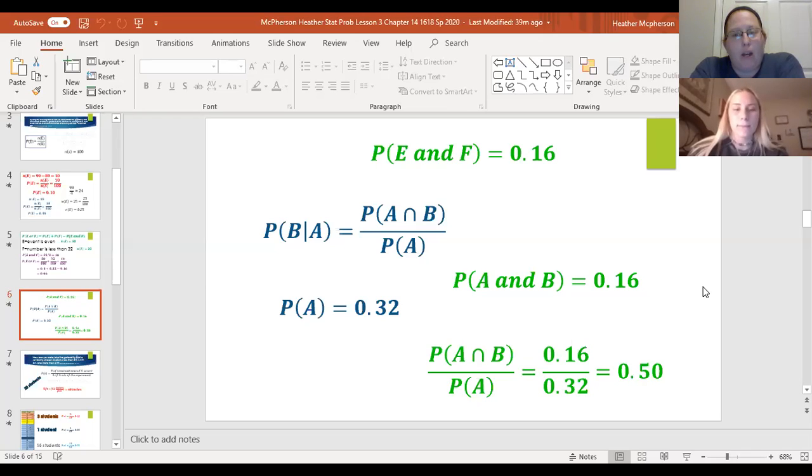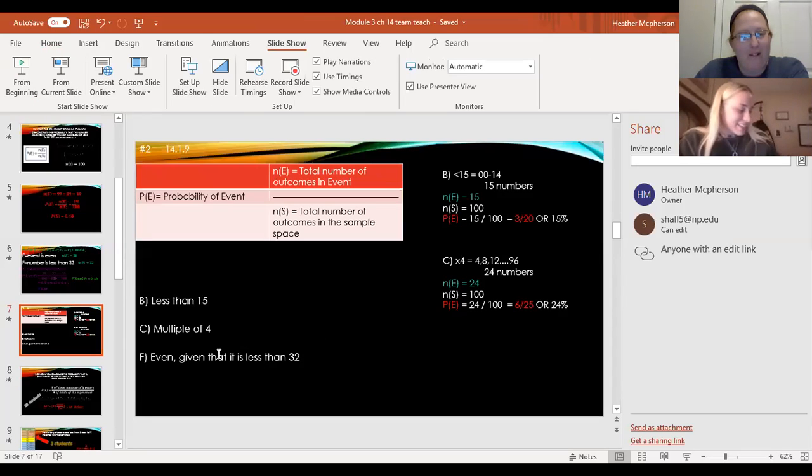And your A and B is going to be 0.16, same as the E and F. So the probability is the same, it's just different letters used in the equation. So what you'll do is take the 0.16 and then divide that by the 0.32. So the probability of the even given that it is less than 32 is going to be 0.50 or 50%.